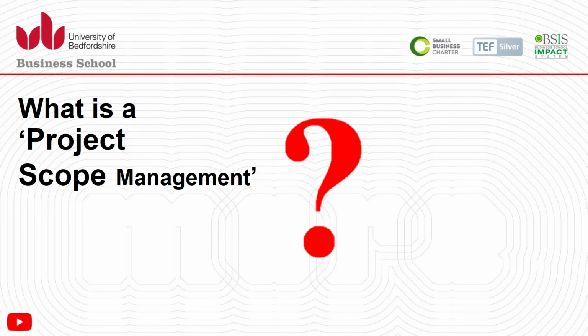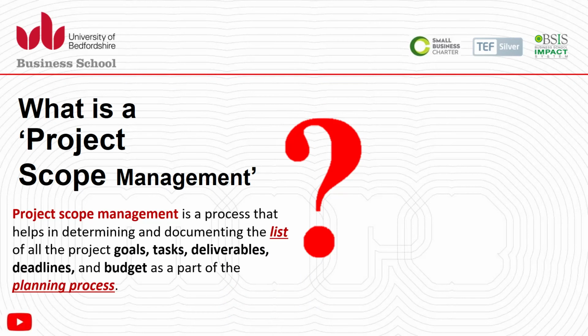So what is scope management? We know that project scope management is basically the process that helps in determining and documenting a list of all the project goals, a set of objectives, the identified key, major and minor tasks, all deliverables, deadlines, and budget as part of the planning process.